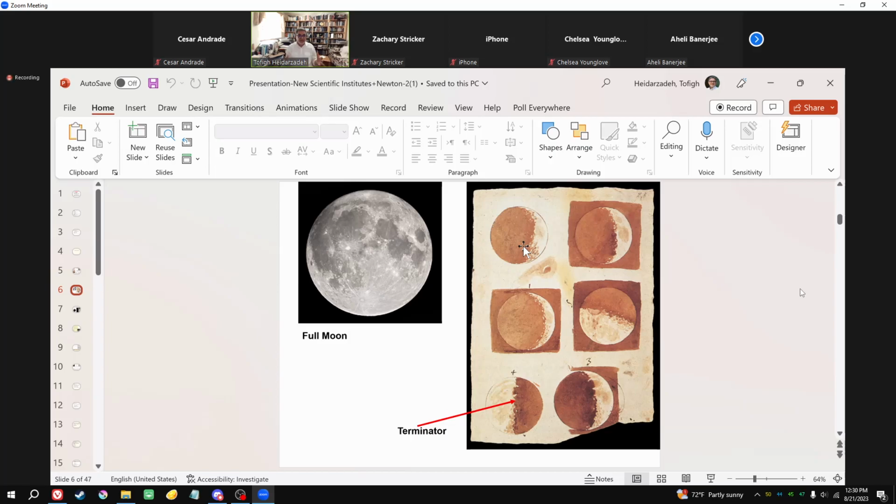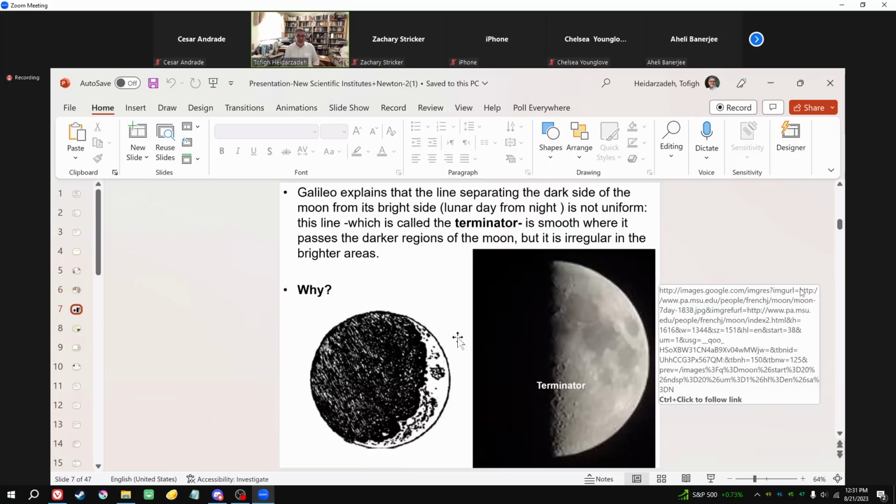You have mountains on it, you have valleys there, you have craters there, and when sunlight passes through them, okay, some parts it has shadow, some parts doesn't have shadow, then you have this crooked, this rugged terminator.